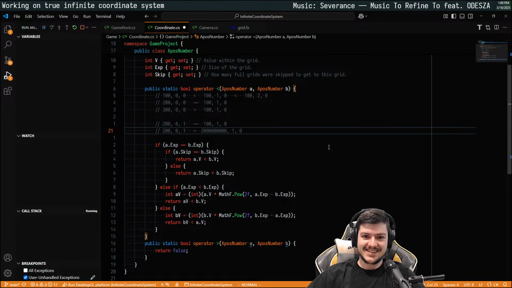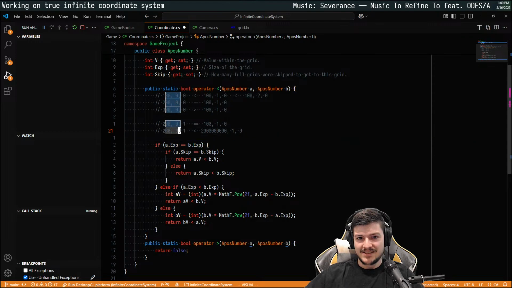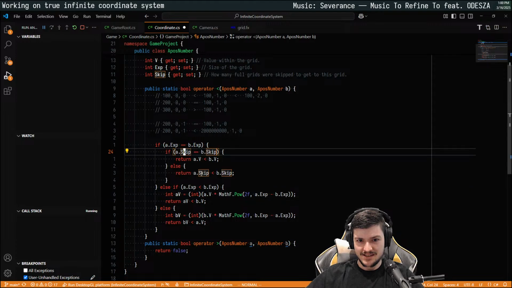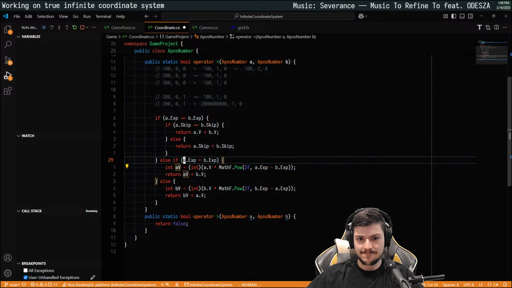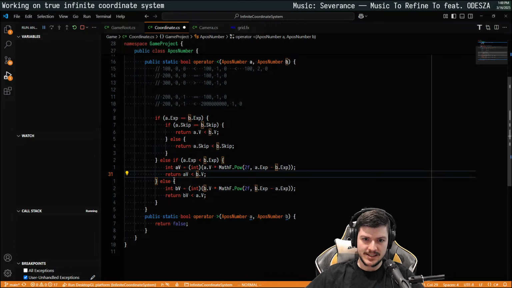Can I like... this? Okay, so for these numbers, I'm converting the value into the higher one, and then I can compare them together. That's fine.